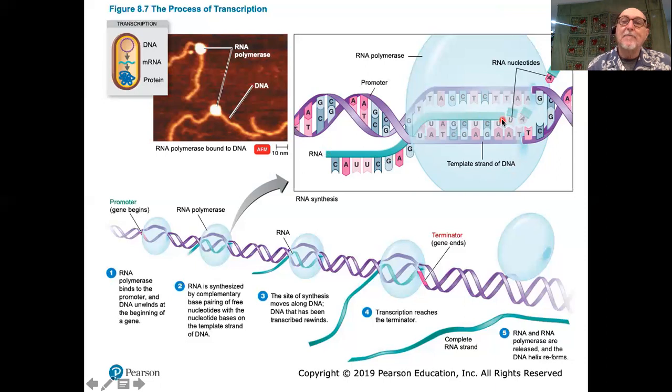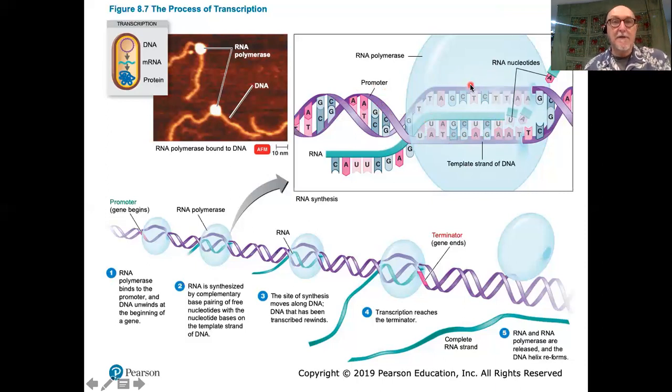And you'll see that we only produce a short length at a time, which adheres to the DNA. This is a DNA RNA hybrid. And the DNA RNA hybrid is quite small. That RNA comes off the DNA, and the DNA is allowed to rewind behind this RNA polymerase as it moves down the DNA strand.